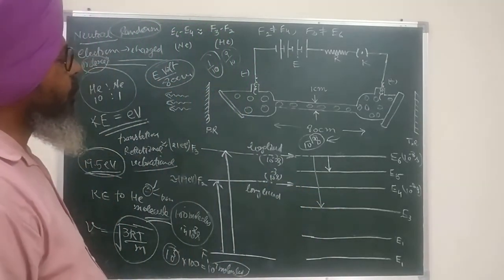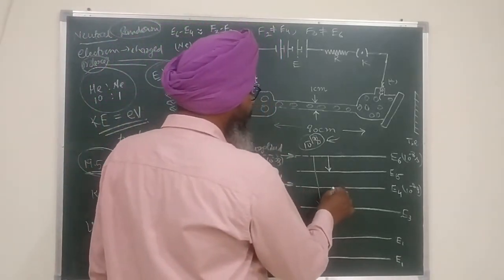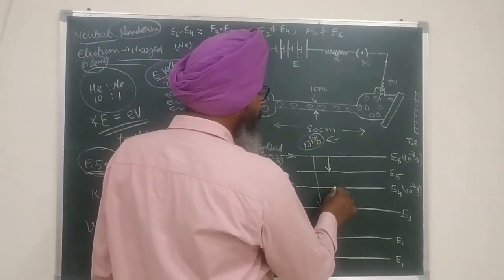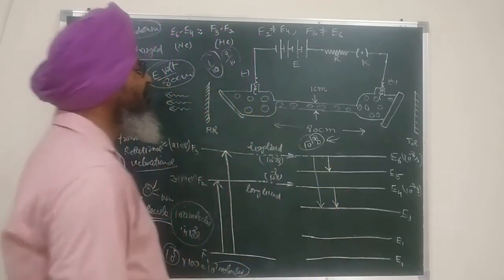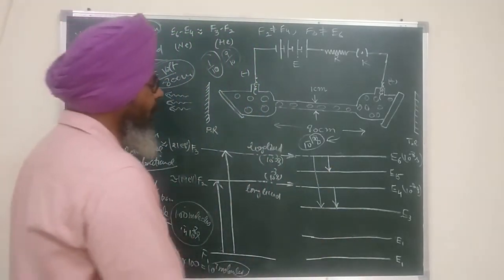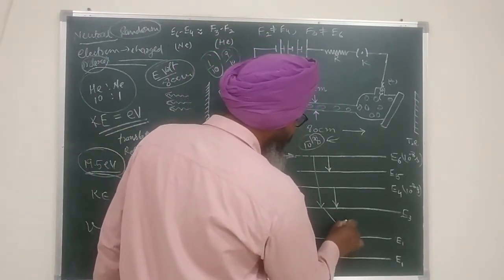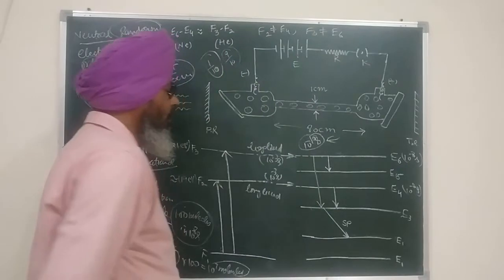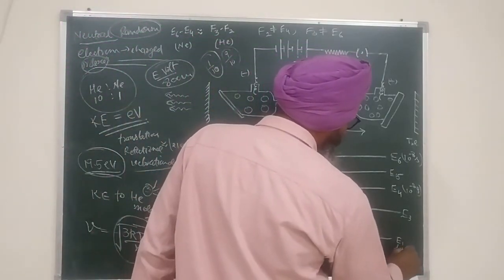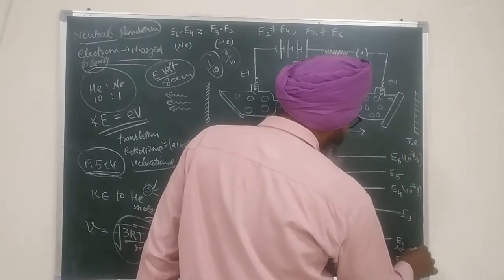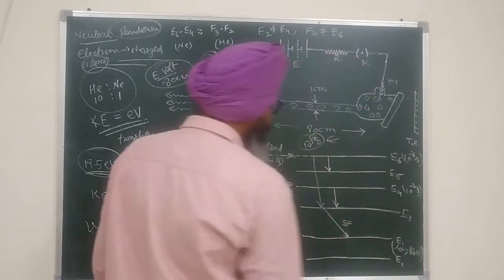And the molecules which are in the state E4 can de-excite from E4 to E3. From here to here, we get a spontaneous emission. And this state is again long-lived. This is something which we have to think about.